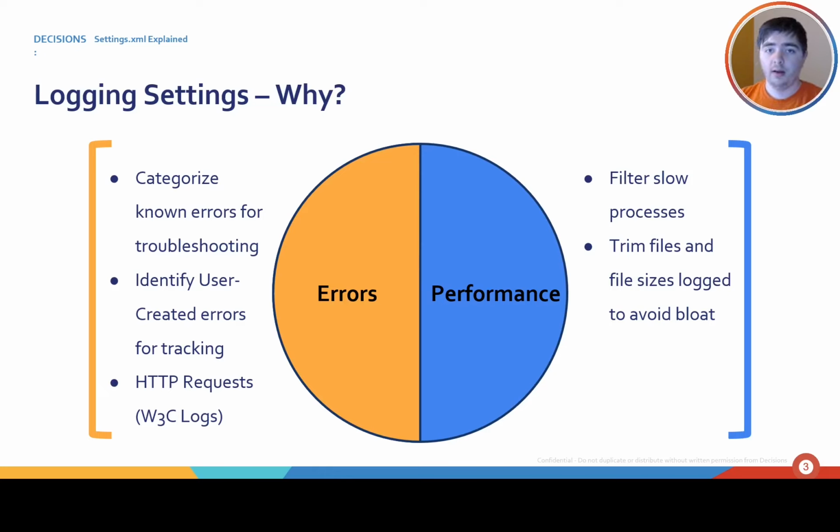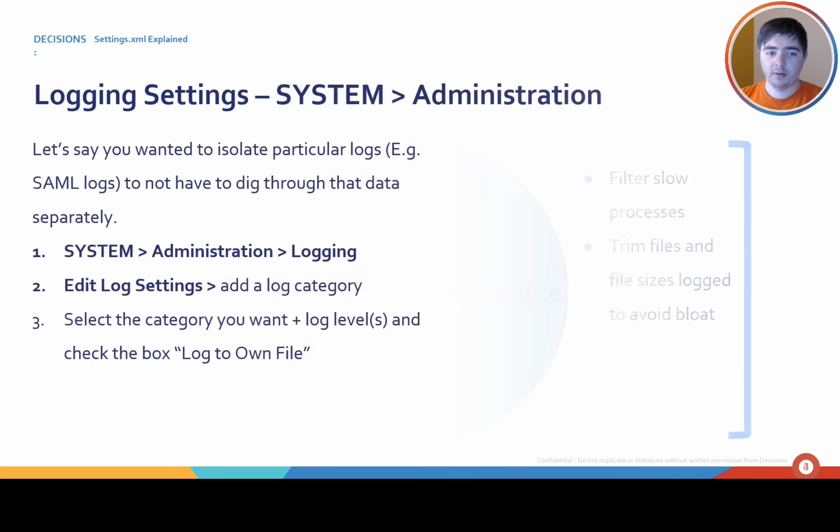So, I'm going to go over two different scenarios in which you would want to change the logs, and then we're going to go into our environment. The first one is if you are trying to isolate particular logs, let's say SAML logs, in order to not have to dig through the data separately to find out what's going on.